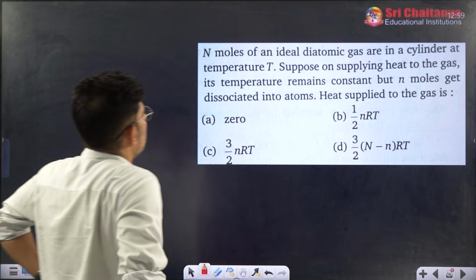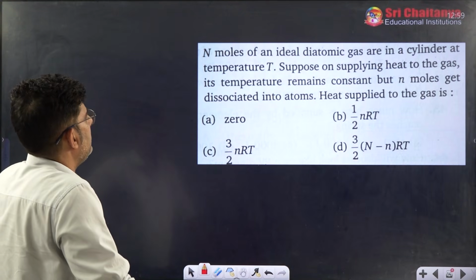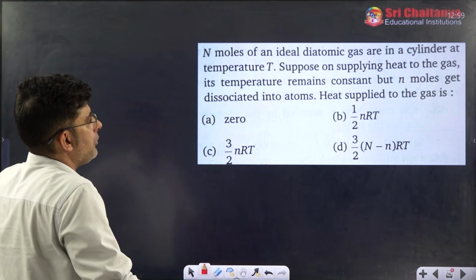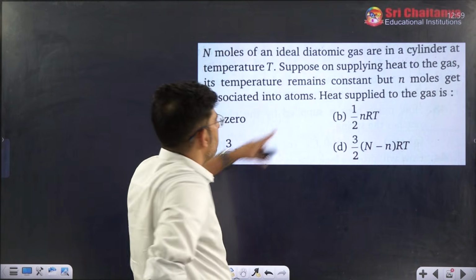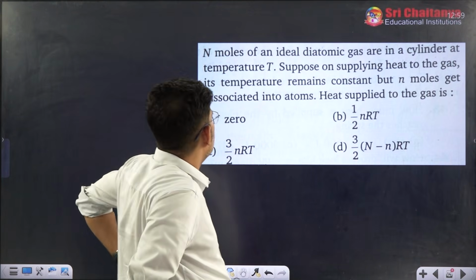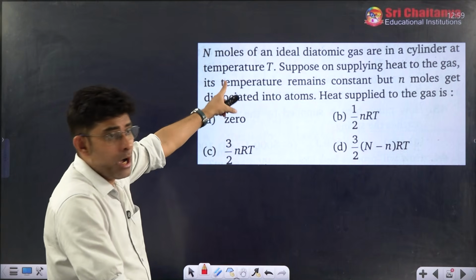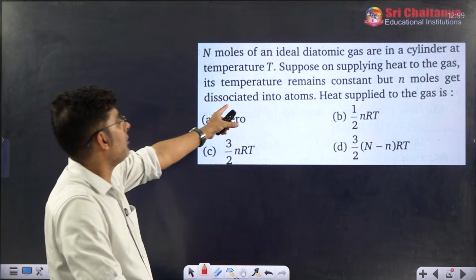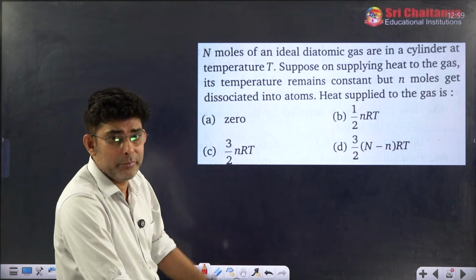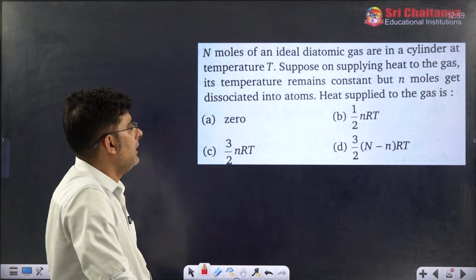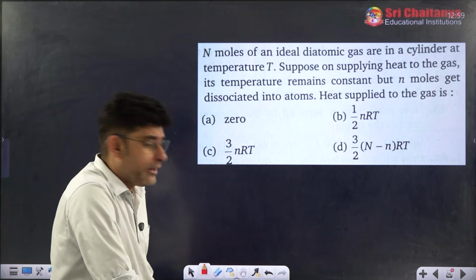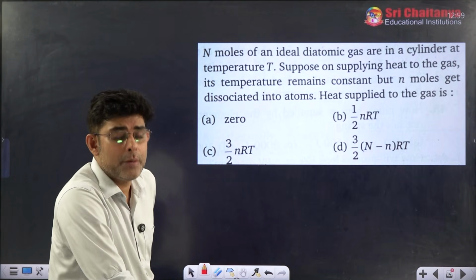Next, n moles of ideal diatomic gas in a cylinder at temperature T. Suppose on supplying heat to the gas, temperature remains constant, but n moles get dissociated into atoms. Okay, in total you had capital N moles. Now out of that, small n number of moles have dissociated into atoms, means they became monoatomic from diatomic. So heat supplied. Now at first look, students commit a mistake.